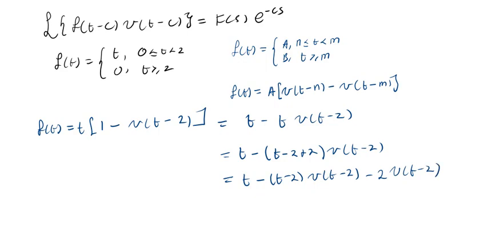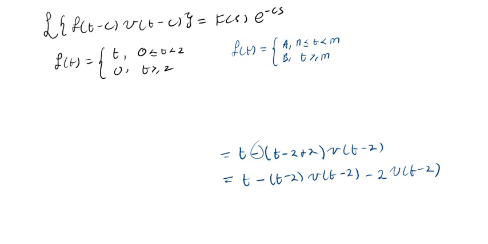This is what we have done here. We haven't changed anything. This negative sign we have here, and we also have it right here. From where we are right now, we are able to find the Laplace transform.